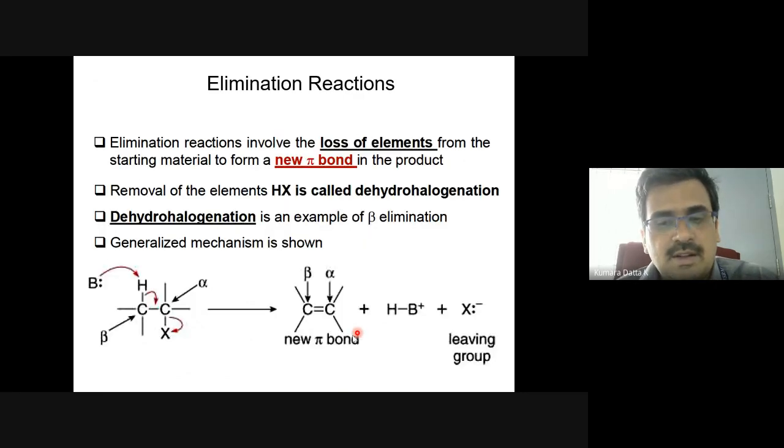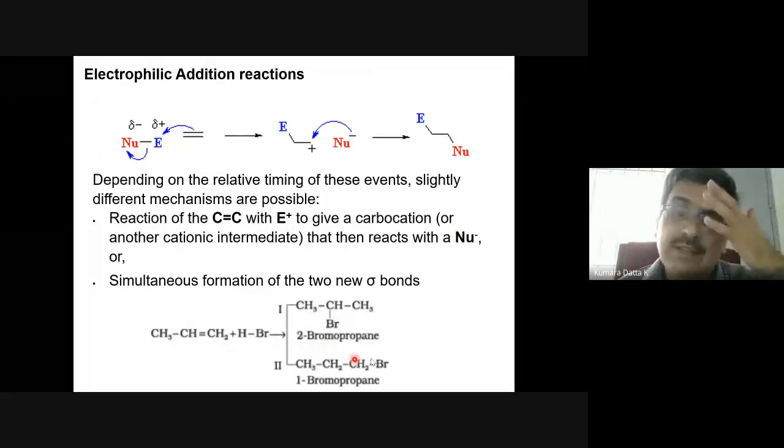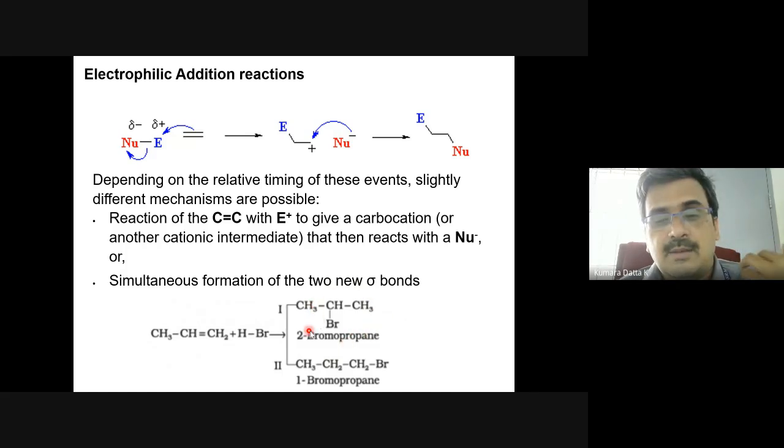This essentially is referred to as Markovnikov's and anti-Markovnikov's. Again, it depends on several conditions, such as the nature of the leaving group and how it is being added in solvent systems and so on, in the case of electrophilic addition.